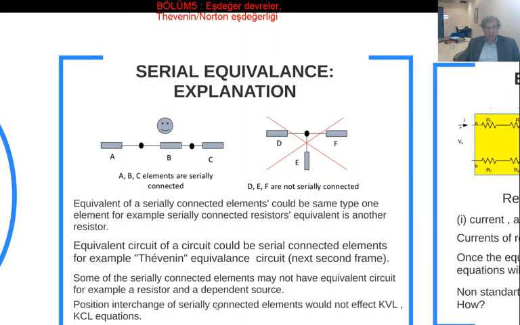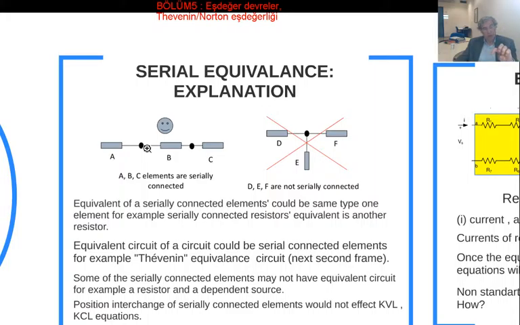Position interchange of serially connected elements would not affect the Kirchhoff voltage law and current law equations. What we are saying here is, if you replace element A with B, replacing those two positions, the Kirchhoff current law and voltage law equations do not change, because the equation you write for this node before and after the change is going to be the same.